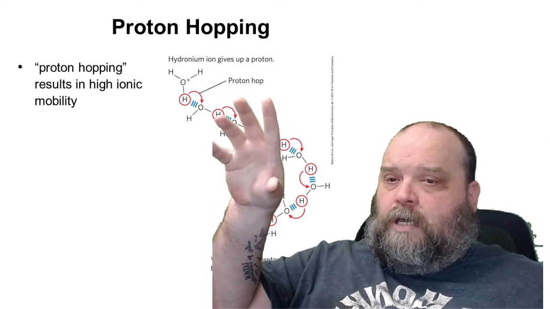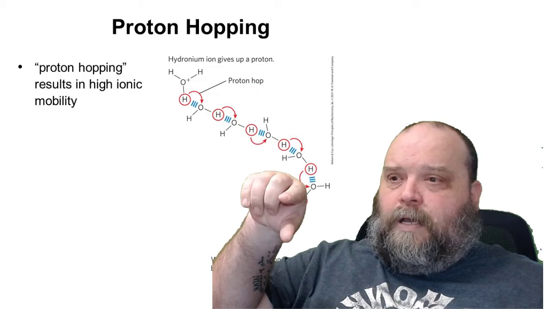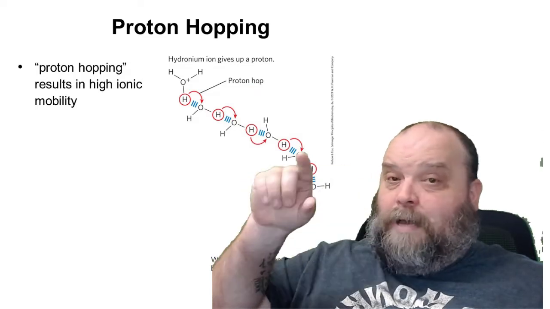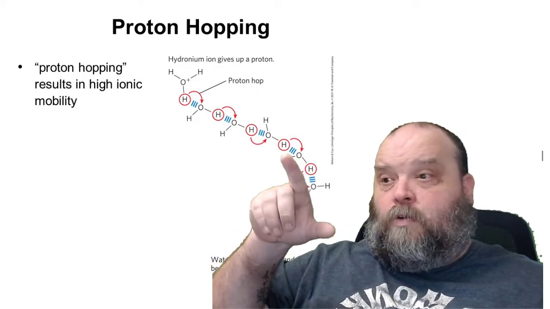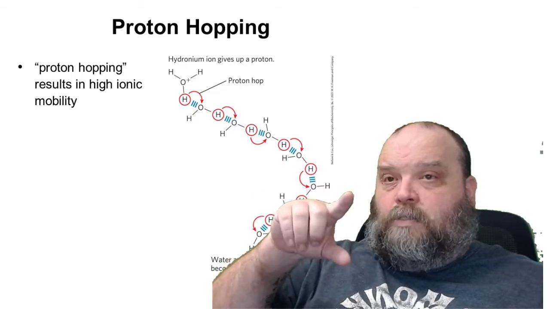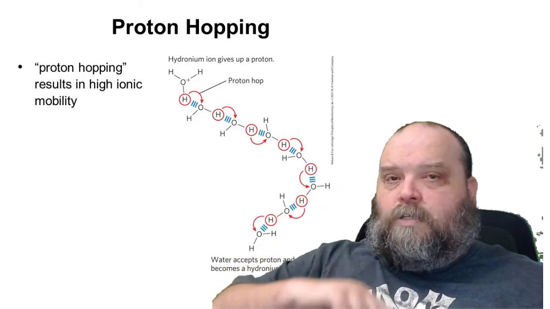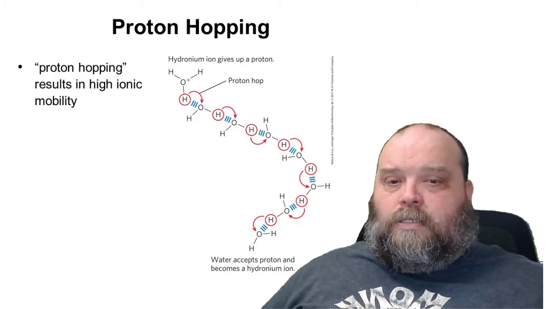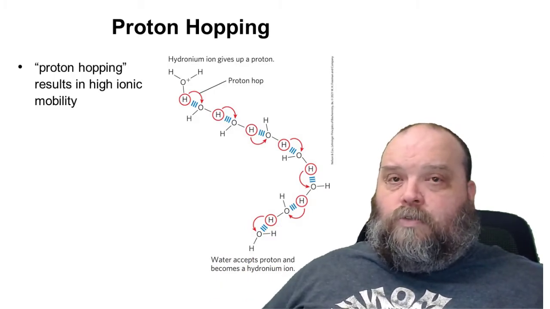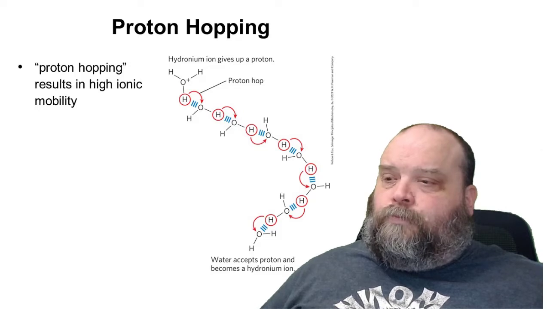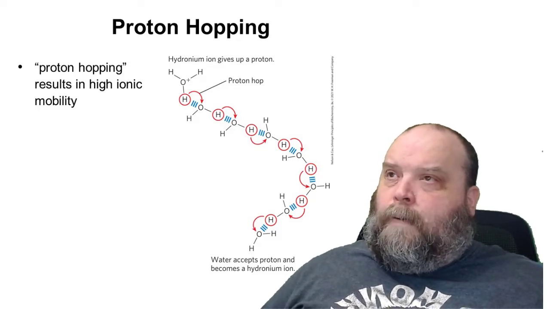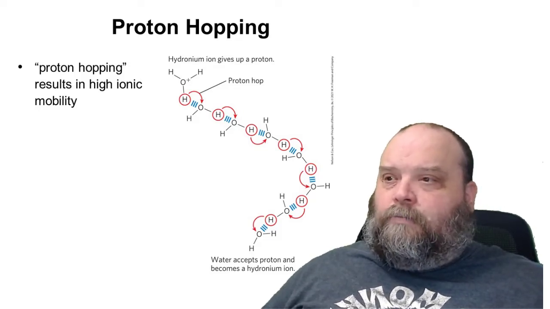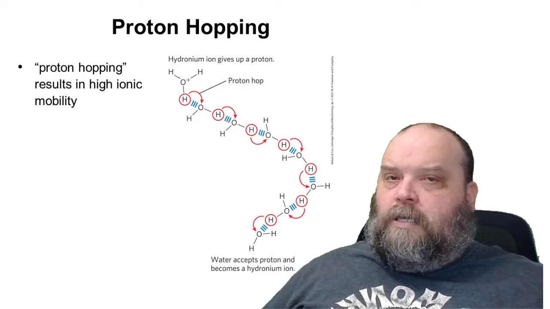Hydronium gives up a proton, immediately taken up by the neighboring hydrogen-bound water, which becomes hydronium itself, gives up one of the protons, and so on and so on. Near instantaneous, just rushes through. So this building up, breaking down, is constantly occurring.